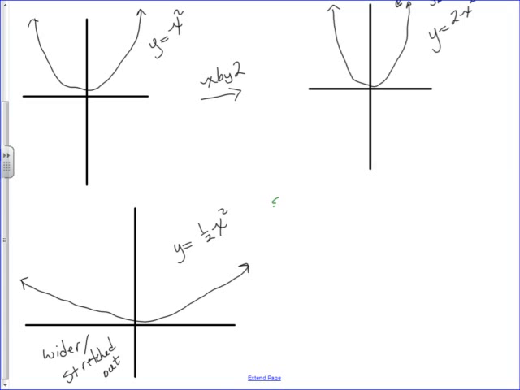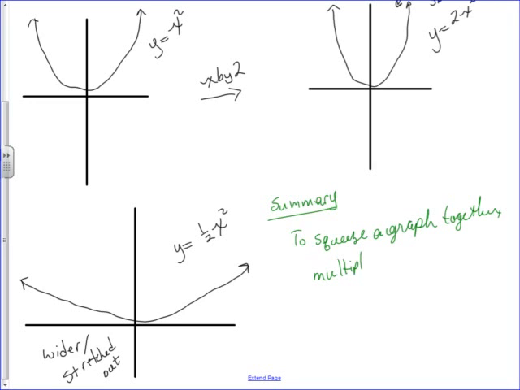I'm going to write this down here for the summary. Make sure you have this in your notes. You'll need to remember this. So to squeeze a graph together, you need to multiply by some number larger than 1.